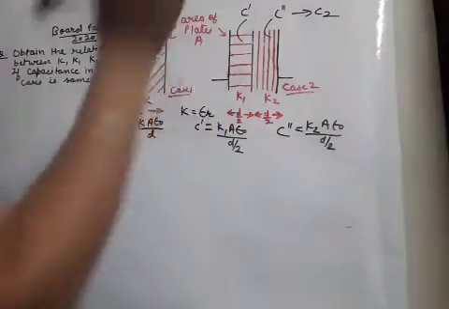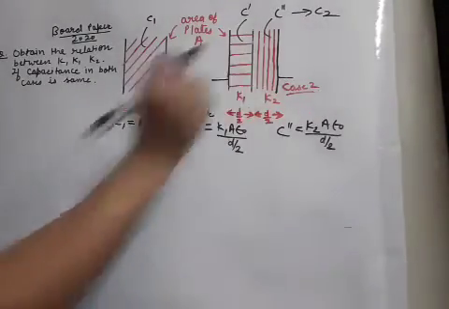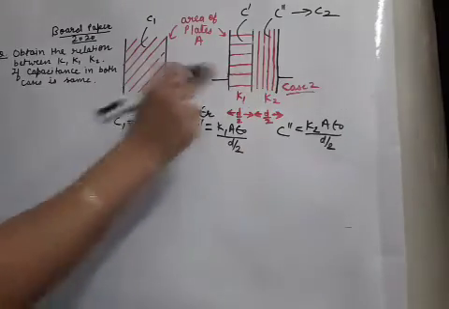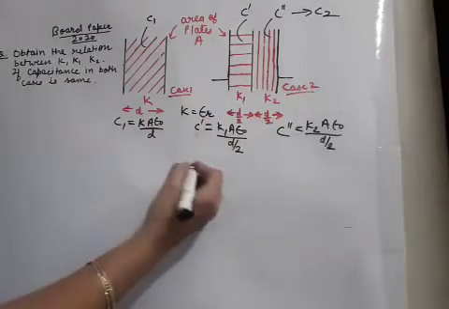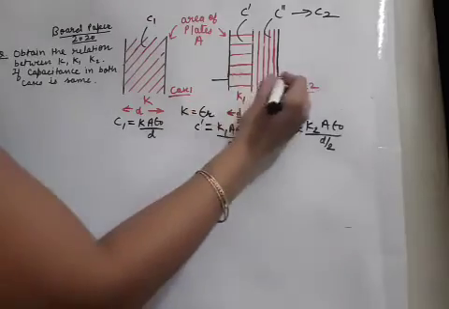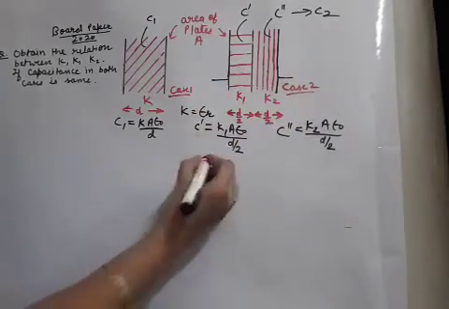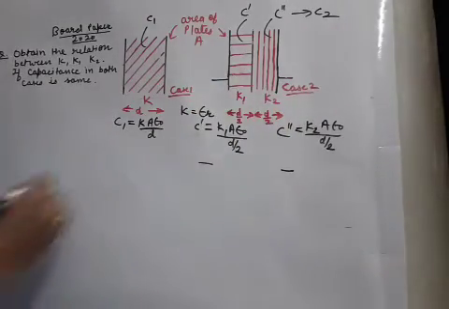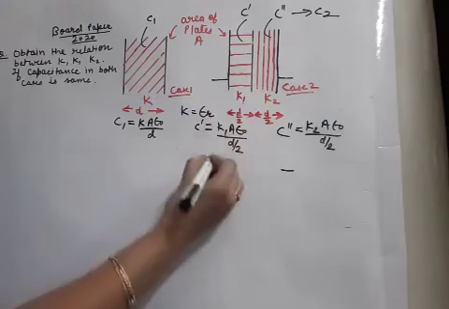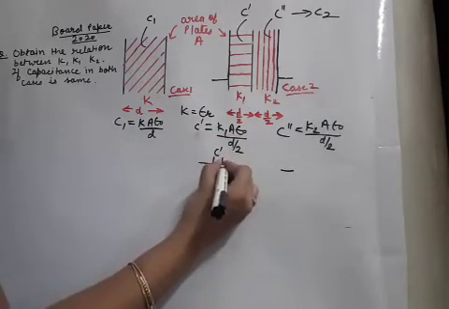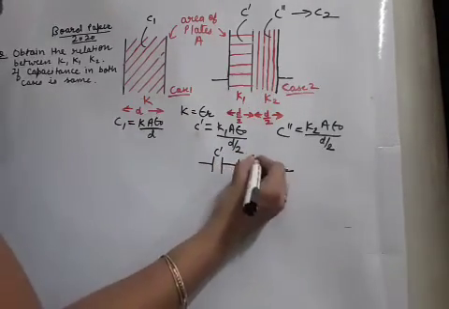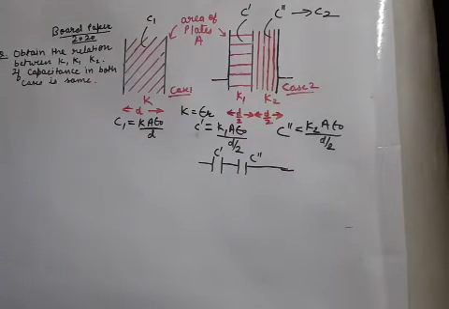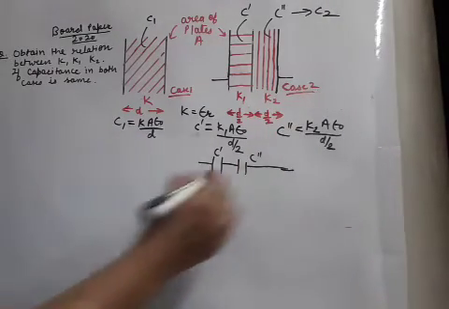We have to think here whether these two capacitances are in series or in parallel combination. So for that we will redraw this diagram. Suppose there are two wires. Between the two wires, here capacitance C dash and just after that capacitance C double dash is connected. So we can see from here that this is a series combination.